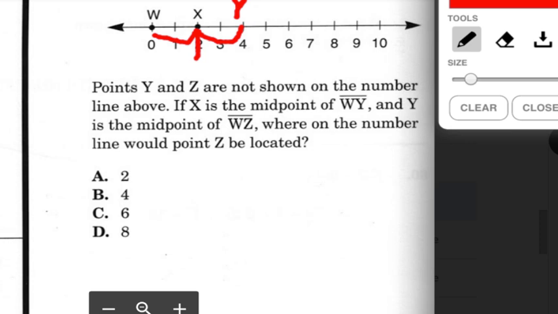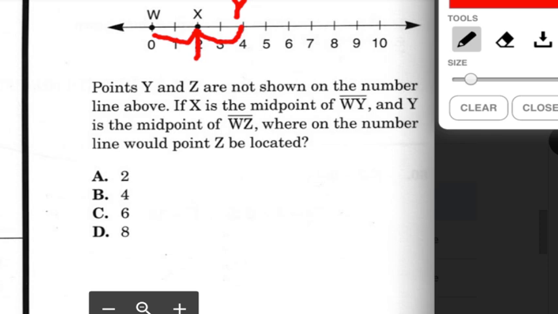Points Y and Z are not shown on the number line above. If X is the midpoint of WY, and Y is the midpoint of WZ, so X is the midpoint of WY, yes it is. And now Y is the midpoint of WZ.